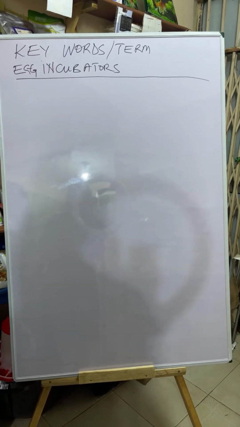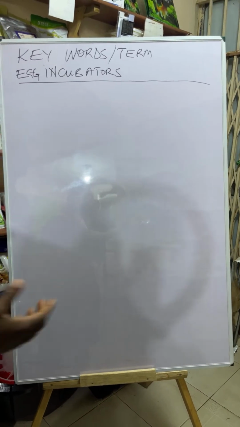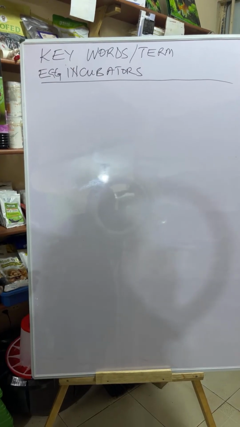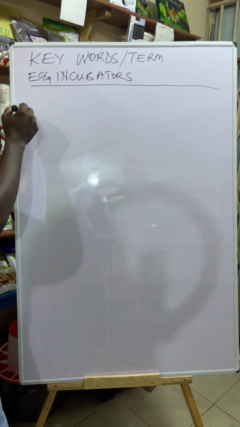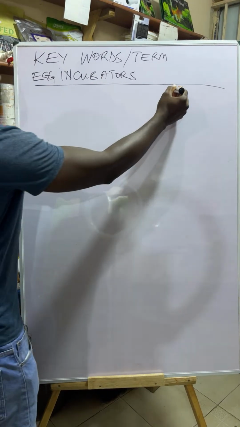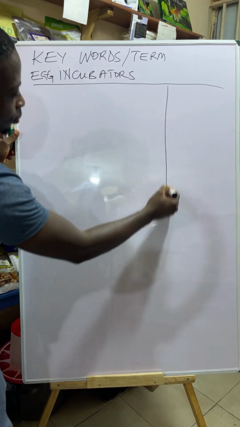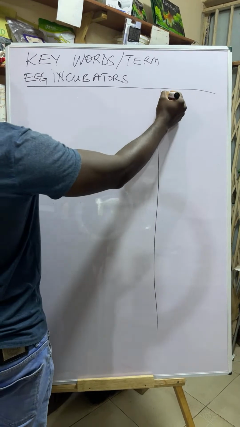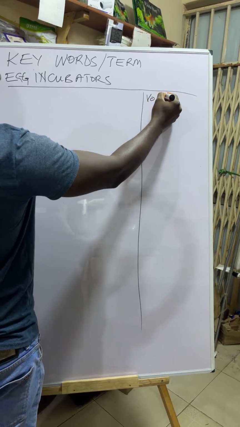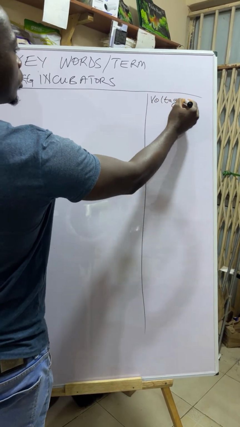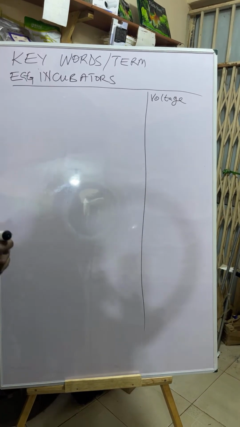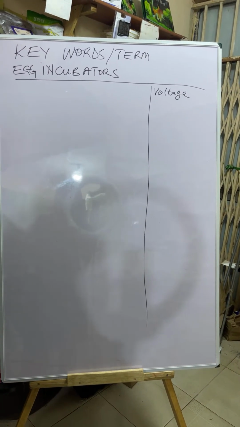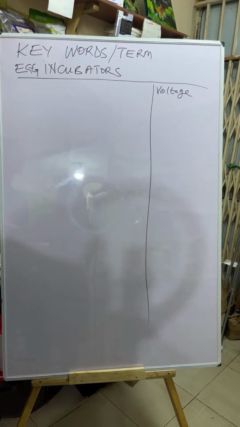All right, so one of the things you need to know is voltage. Let me list those here. So one of the things is voltage. Once you are working with equipment, gadgets, you will come across voltage.